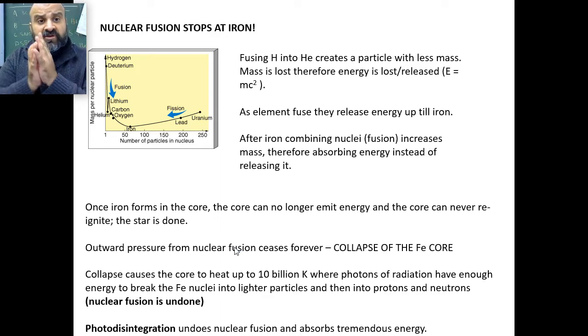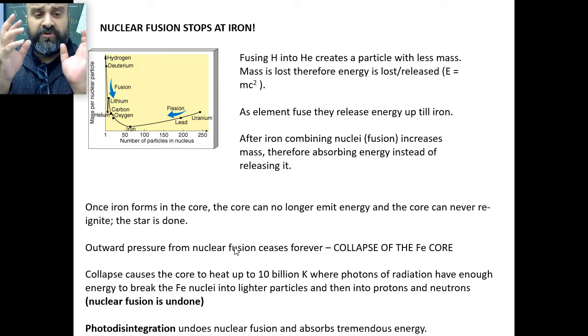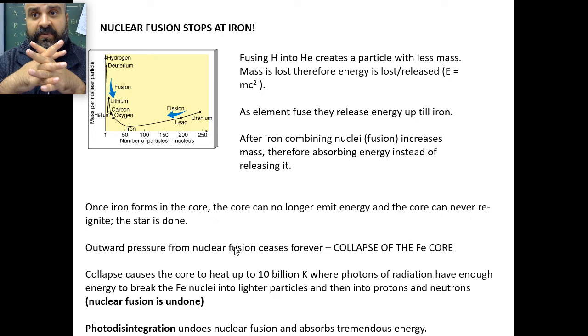Nuclear fusion's done, there's no more outward pressure, and we get the collapse of the core. The iron core, boom, gravity pulls it in. And there's so much gravity. It's so huge and so dense. This gravity would just rip your body apart into its constituent materials.